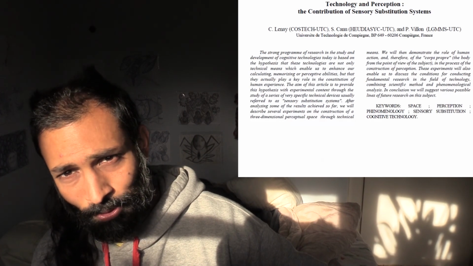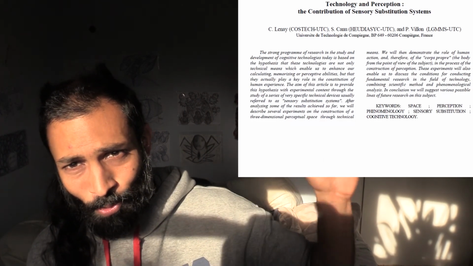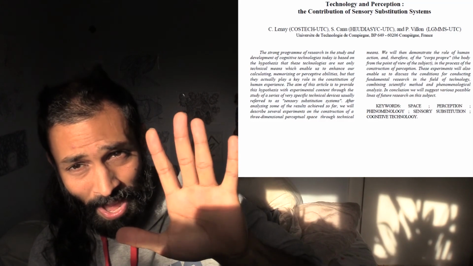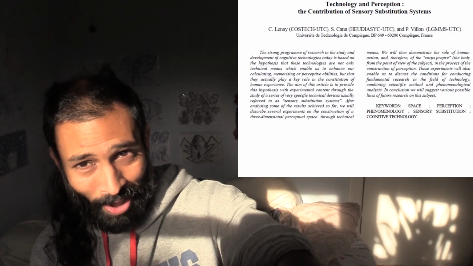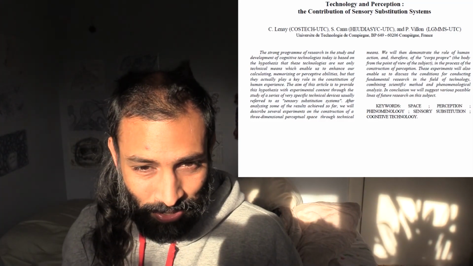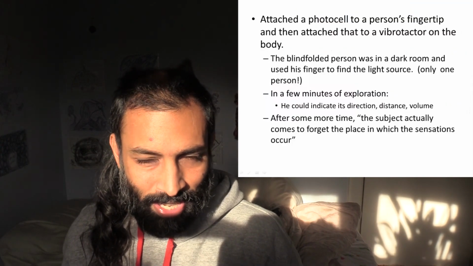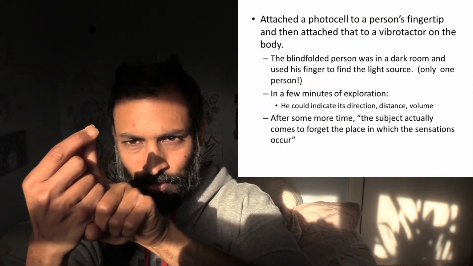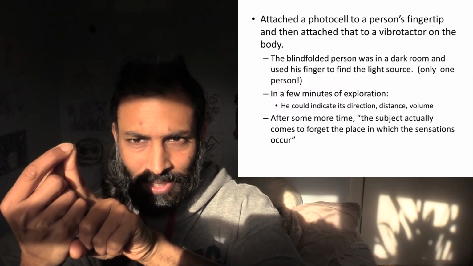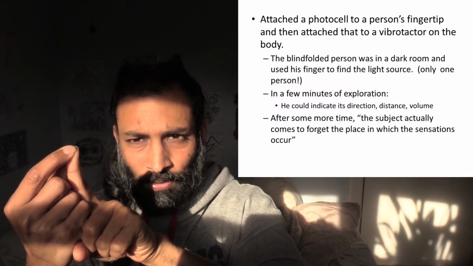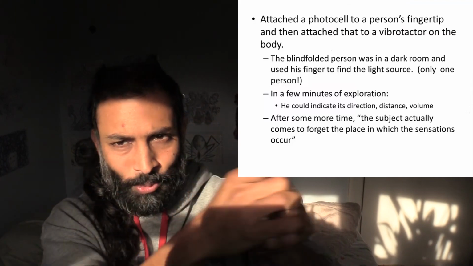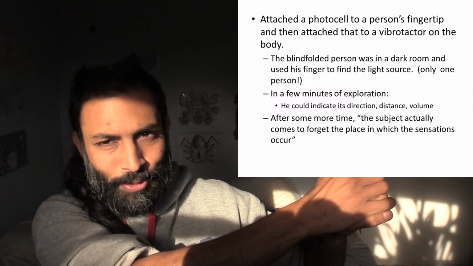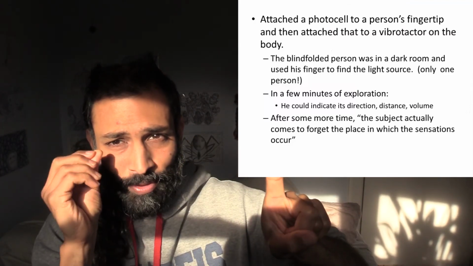This is an older paper, and so we went from 400 to 144 to 5 to 1. Okay, here's 1. And what this person did, it's pretty crazy, is they attached a photocell on your fingertip. All a photocell does is detect light. So imagine being in a dark room with a flashlight pointed somewhere, and they connected that photocell to a little vibrator.